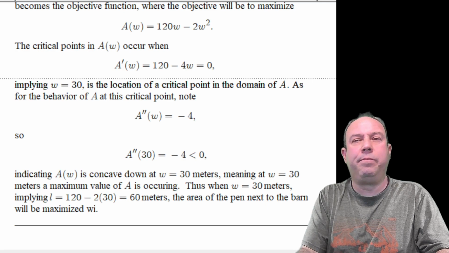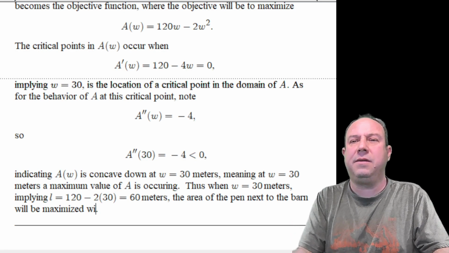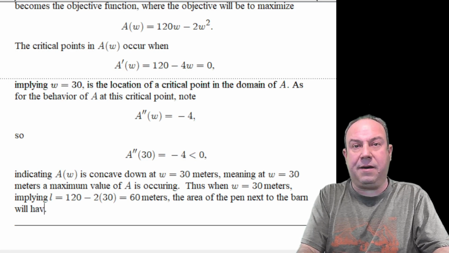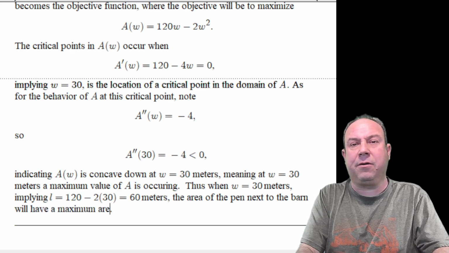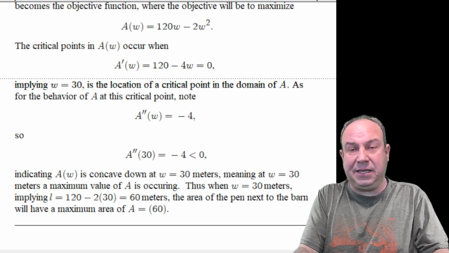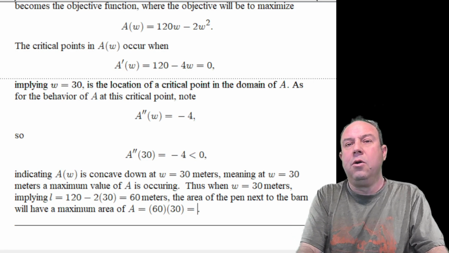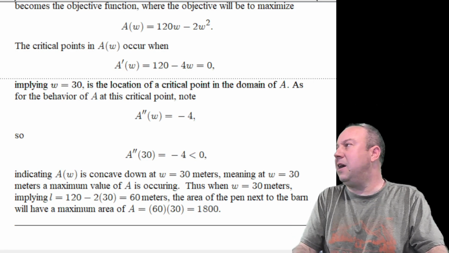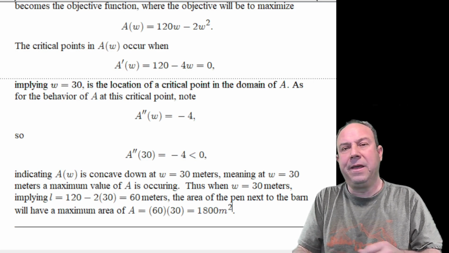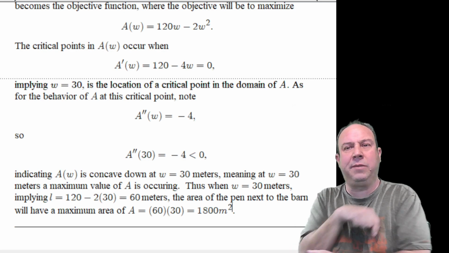Thus, when W equals 30 meters, implying L equals 60 meters, the area of the pen next to the barn will have a maximum area of A equal to 60 times 30, length times width, which would equal 1,800 meters squared. This would give us a pen with a maximum area of 1,800 meters squared.